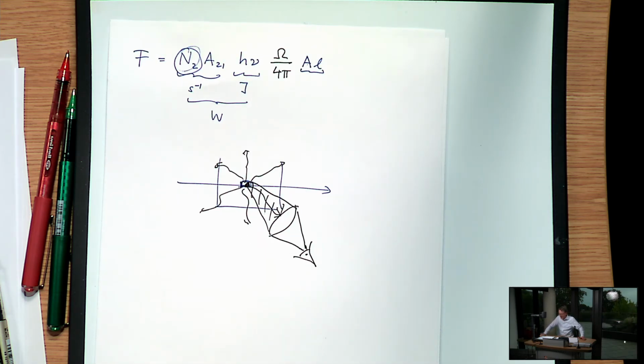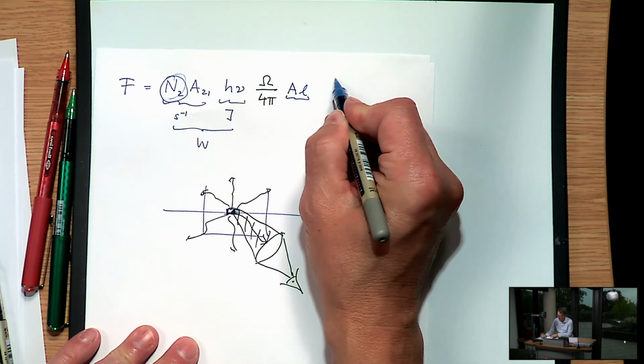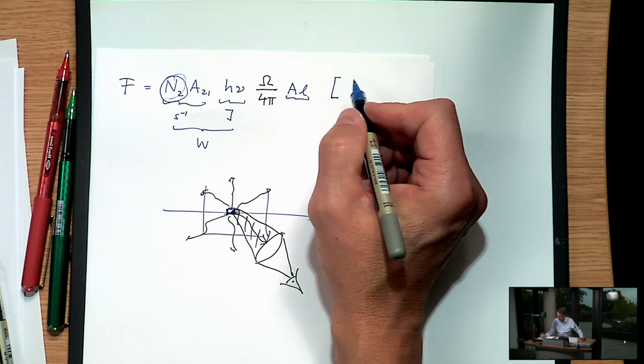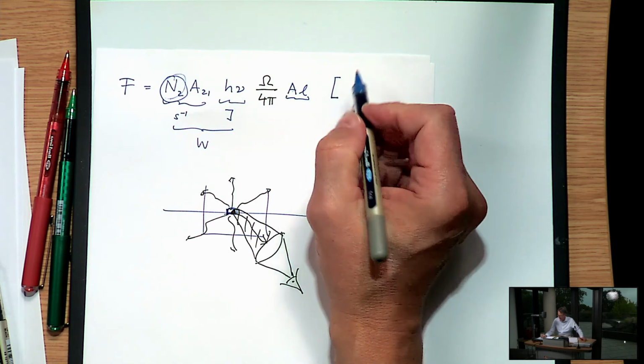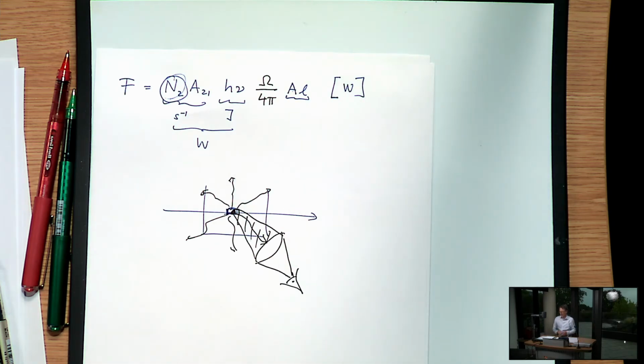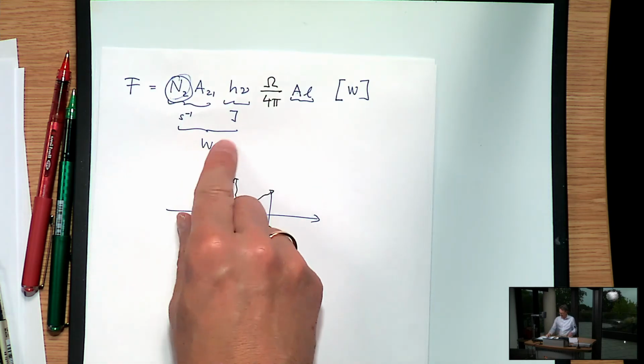You can get tremendous sensitivity because photodetectors are so good, because it's a zero background signal technique. And I should just mention that this signal is in watts, as I've shown you here.